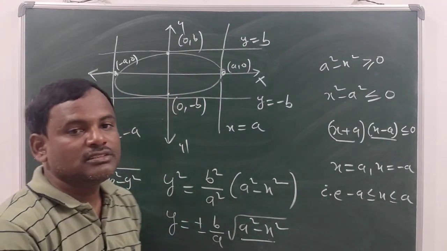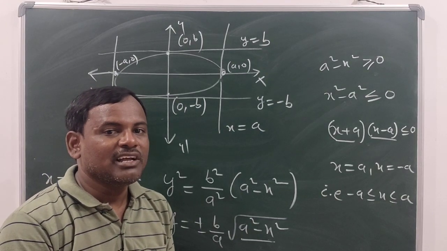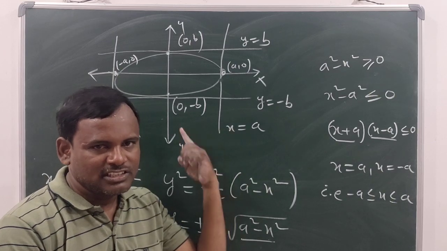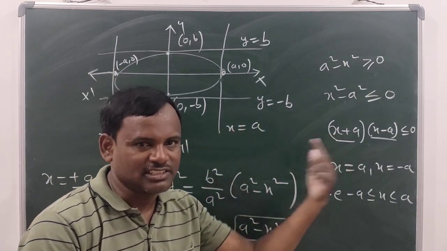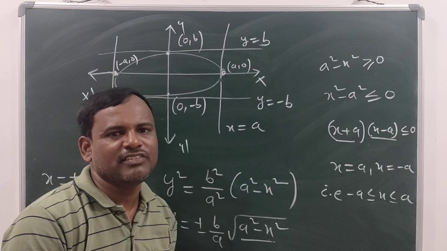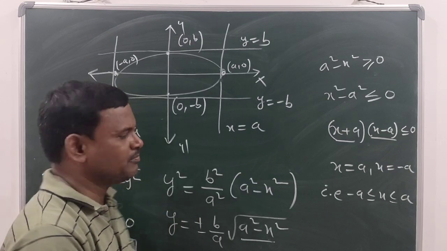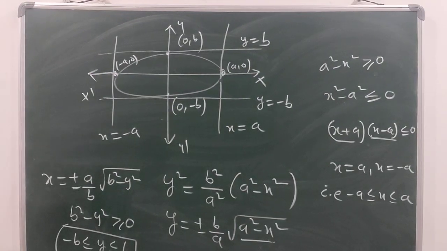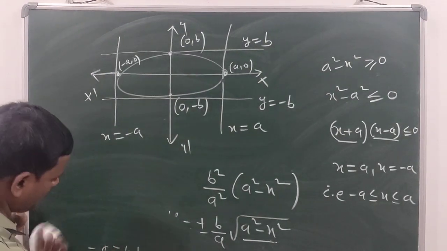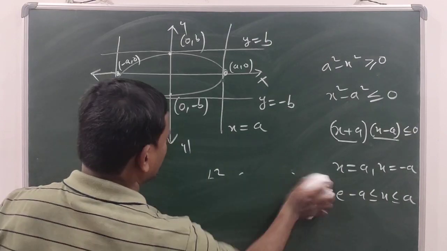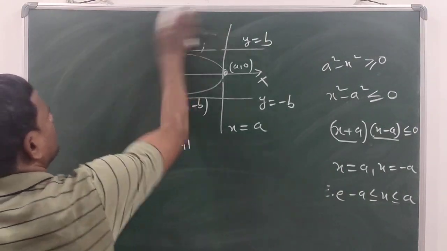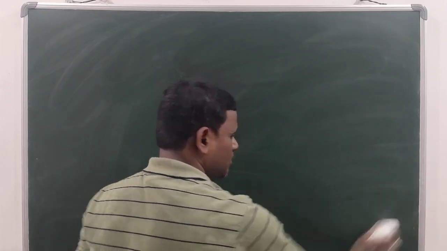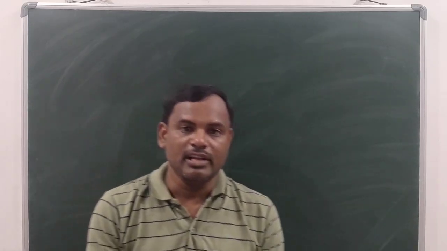This ellipse is symmetric about the x axis as well as the y axis. So this is about the standard form of an ellipse.